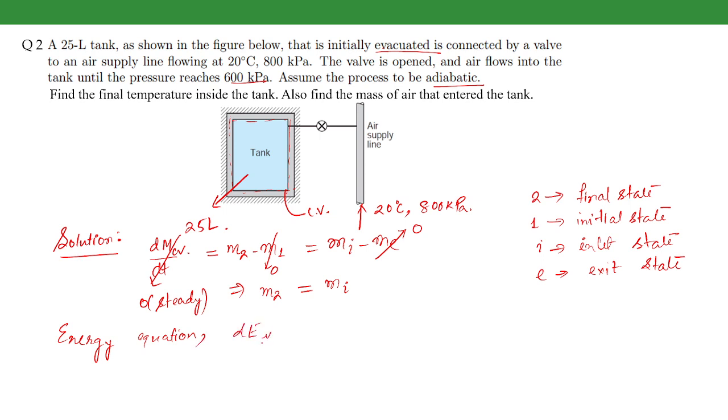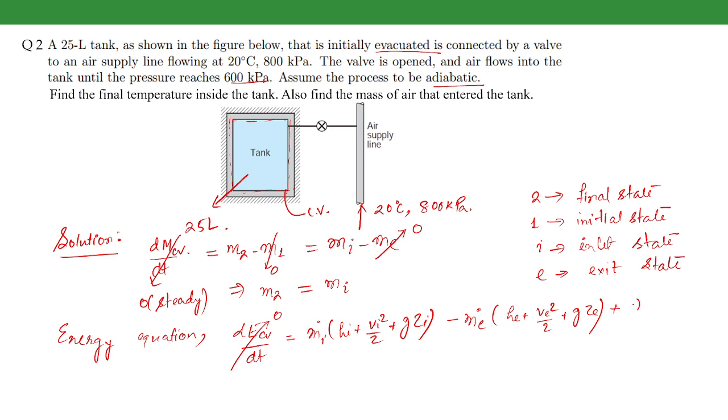Okay, now in the energy equation, dE CV by dt, which is 0 for a steady process, is mi (hi plus vi squared by 2 plus g zi), this is the inlet, minus me (he plus ve squared by 2 plus g ze), plus Q minus W. Now we are neglecting the changes in the kinetic and potential energies.